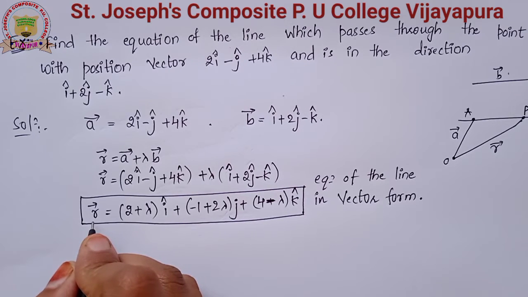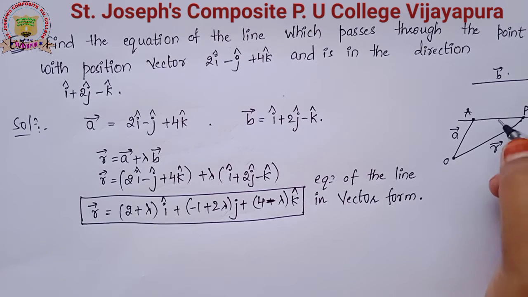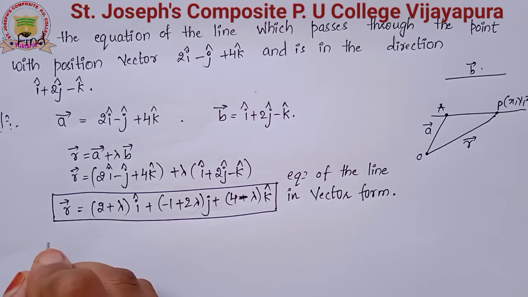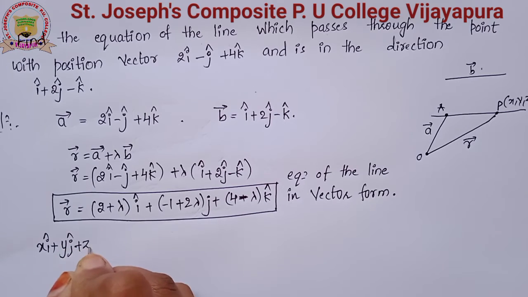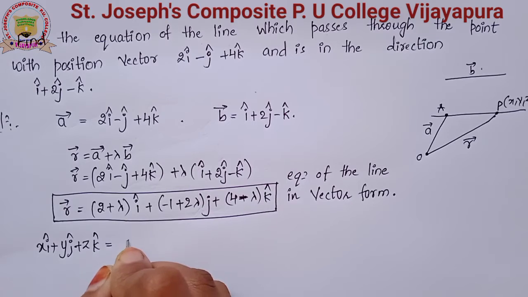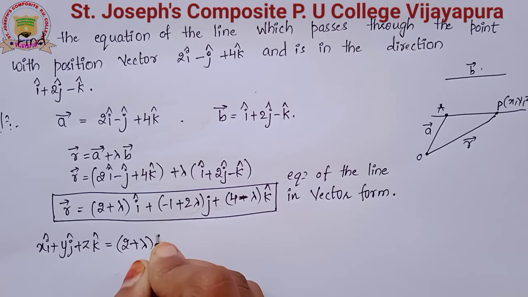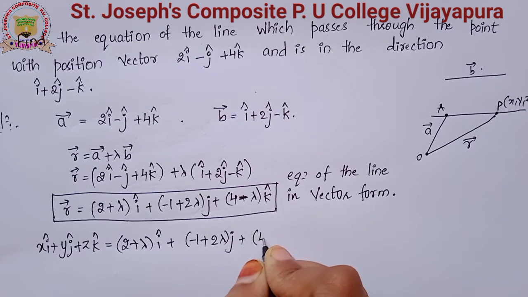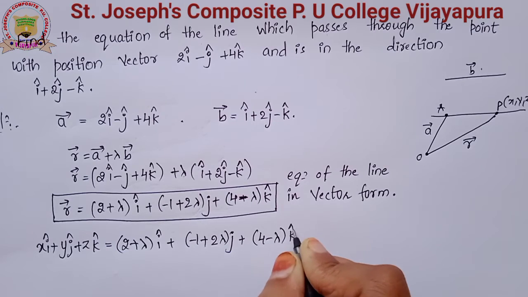We know vector r, P is any point in the line having the coordinates x, y, z. Then in vector form, the position vector r becomes xi plus yj plus zk vector, which is equal to (2 plus lambda) i vector plus (minus 1 plus 2 lambda) j vector plus (4 minus lambda) k vector.